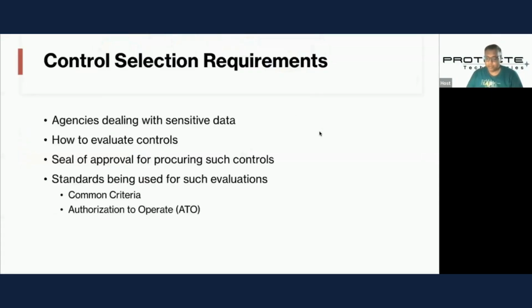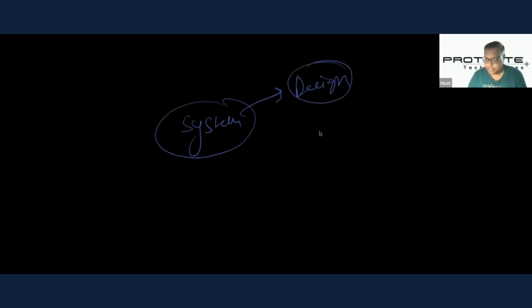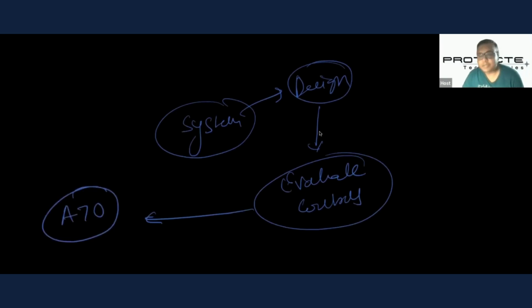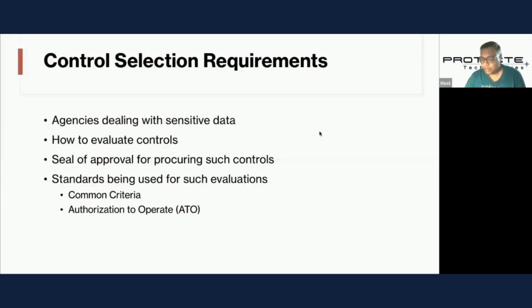Once you have selected a system and incorporated security by design, you have to evaluate the controls. Once found satisfactory, you are authorized to operate the system. Okay, the system is allowed to be operated.